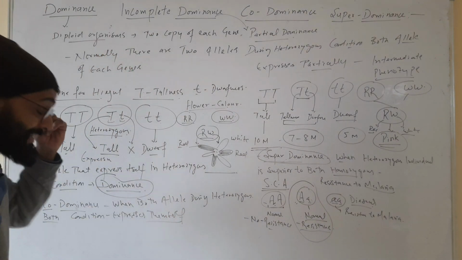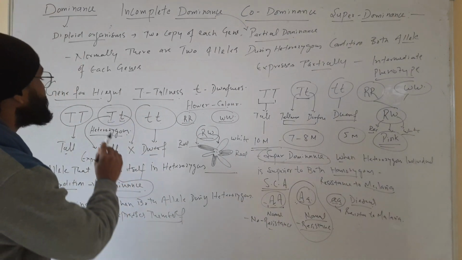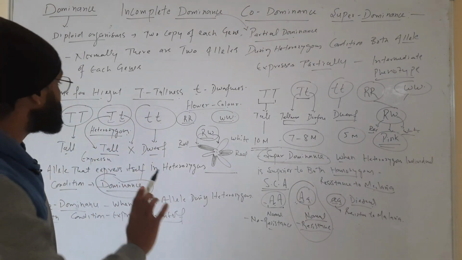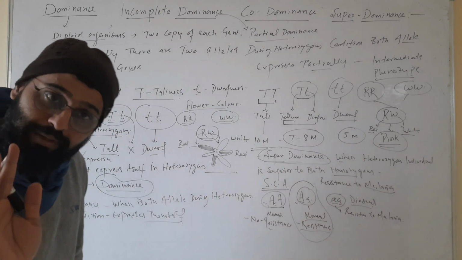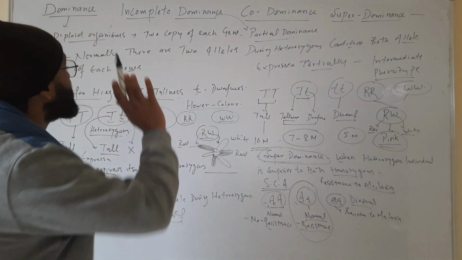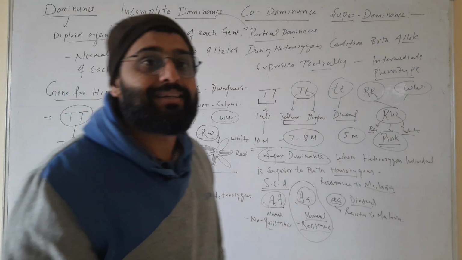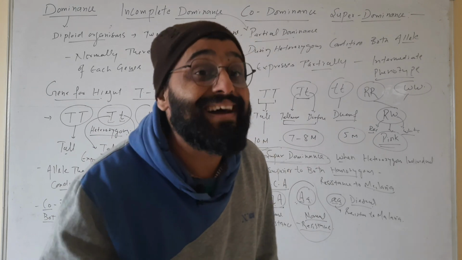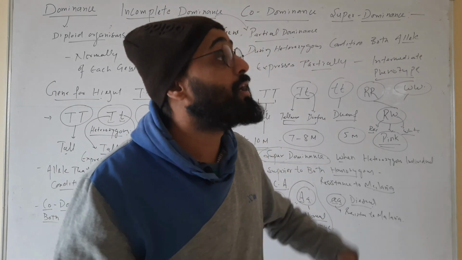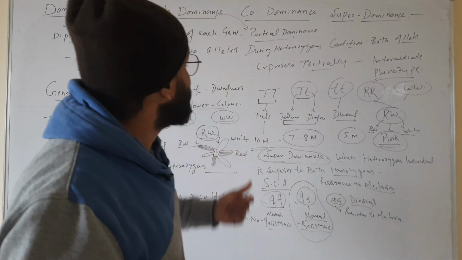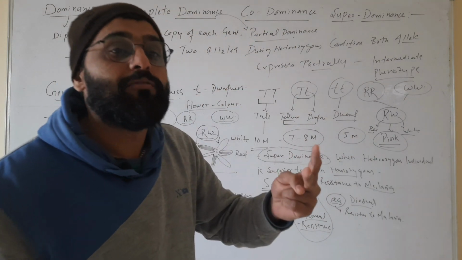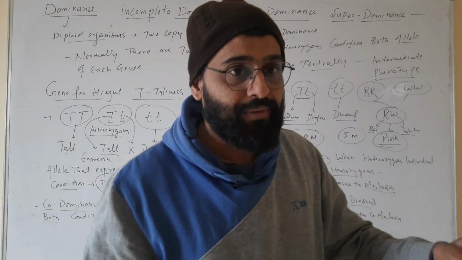So we have these four terms. In case of dominance, during heterozygous condition, one allele will express itself, and that is called dominance, and the allele will be called the dominant allele. In incomplete dominance, in a heterozygous condition, both alleles will partially express, and it will cause an intermediate phenotype. In case of codominance, both alleles will express fully.